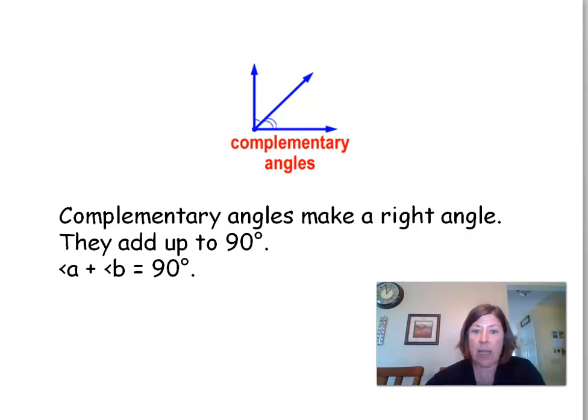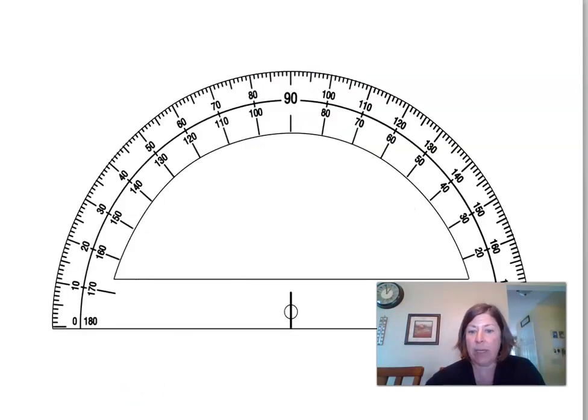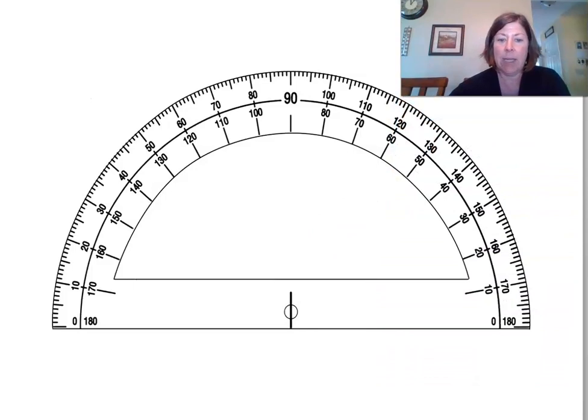So let's take a look at our protractor here. And you don't need your protractor today. However, I just want to model what it might look like. So let's say I have an angle. And first I'm going to make it my right angle, just because I just learned that complementary angles form a right angle.